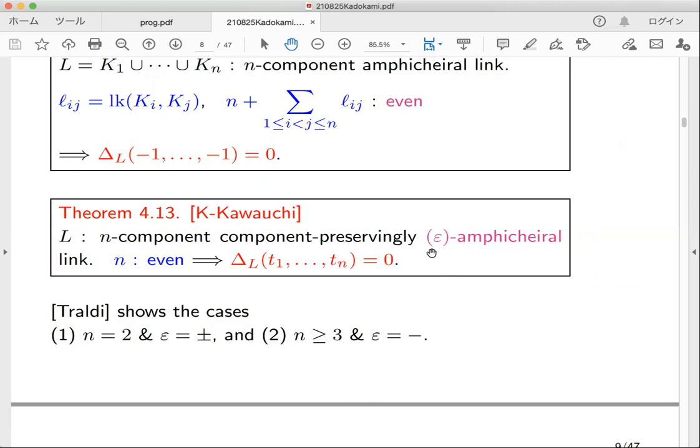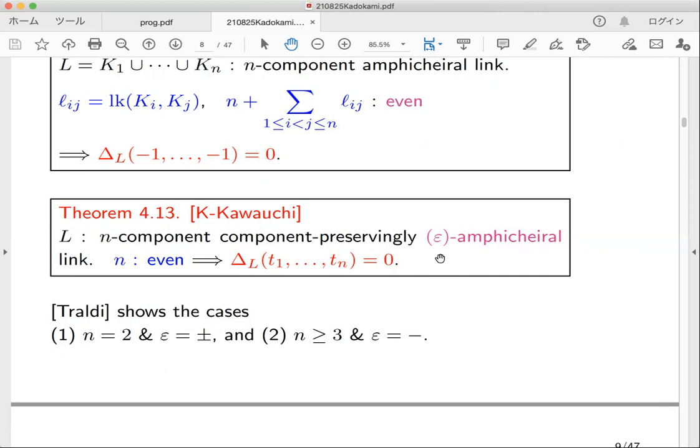Is it necessary for your conjecture, or are there some counterexamples? In this case, this condition is automatically algebraically split. Yes.